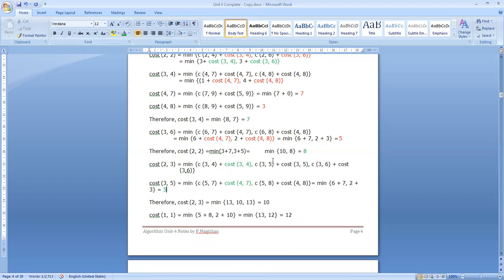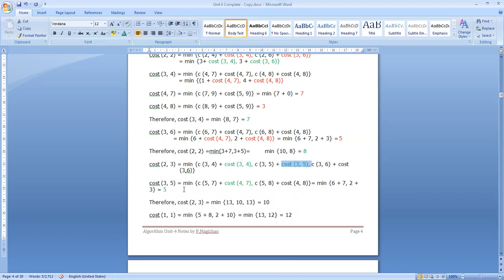Cost of 3 5 is also found out. Now I have to find cost of 3 6. Cost of 3 6 is already available, it is 5.